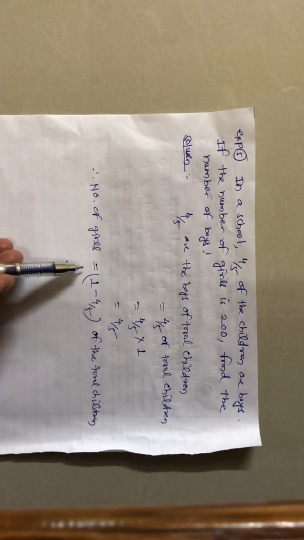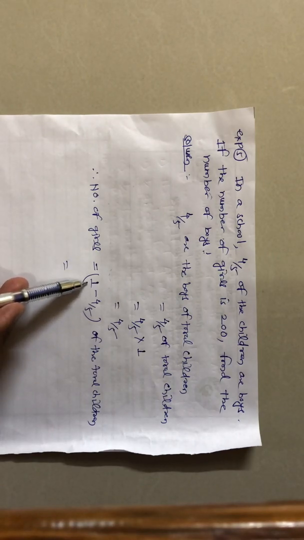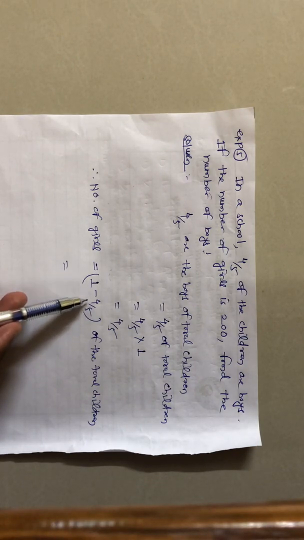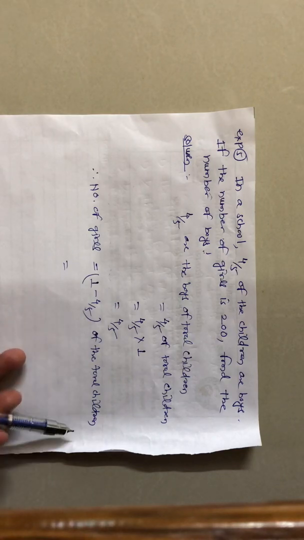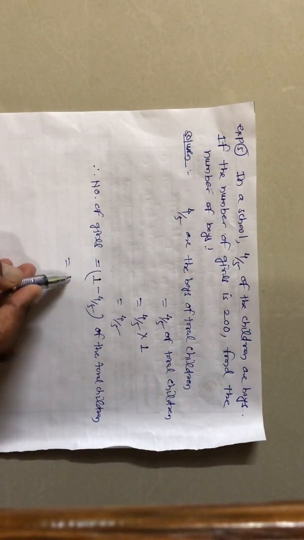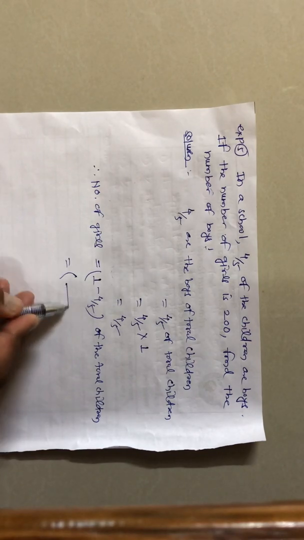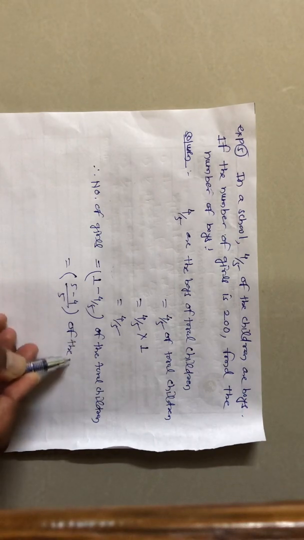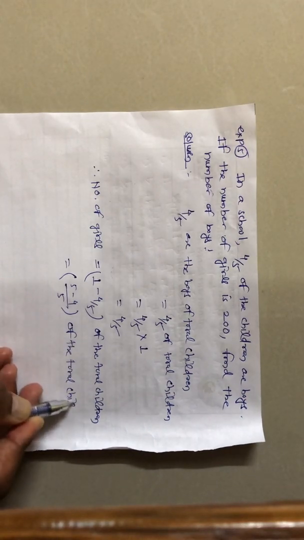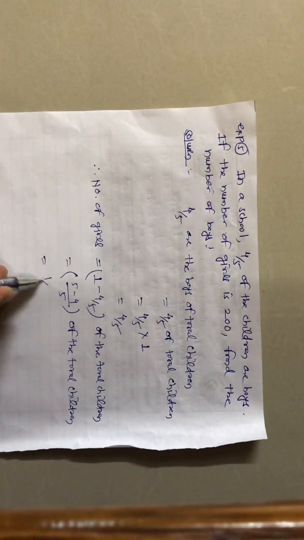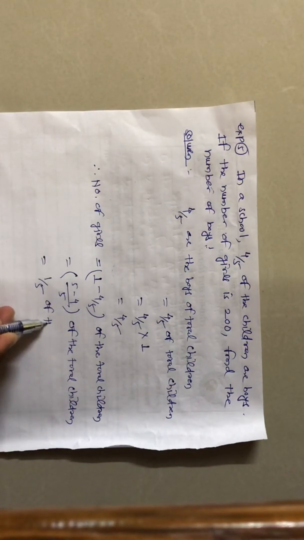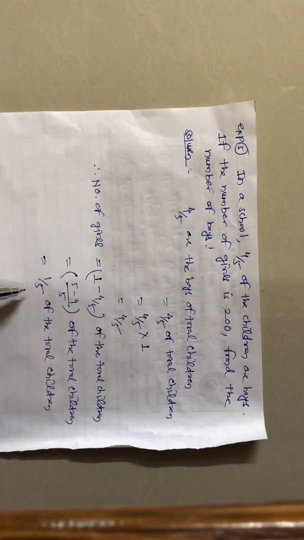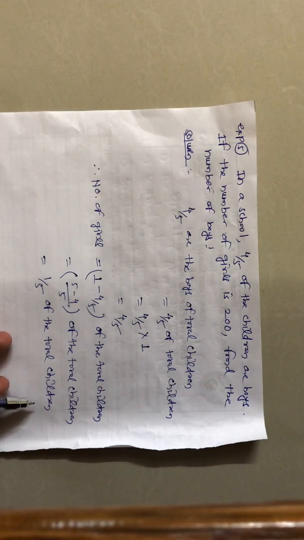So from total children we have to subtract the boys. So LCM is 5. 5 minus 4 of the total children. So 1 by 5 are the girls of the total children.